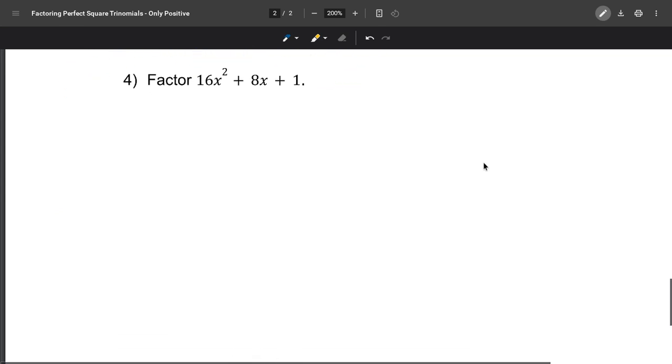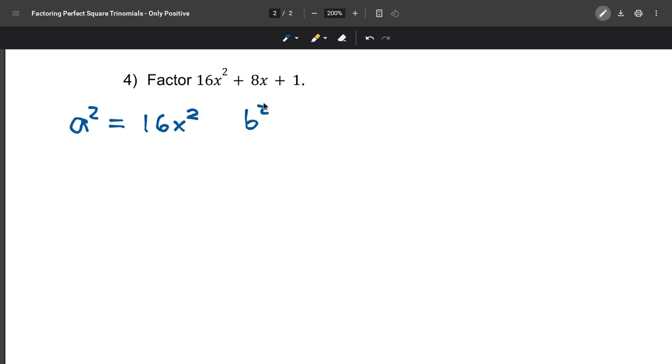All right, this last one, we're factoring 16x squared plus 8x plus 1. Okay, let's check if this is a perfect square trinomial. So a squared is going to equal 16x squared. And b squared is going to be 1.